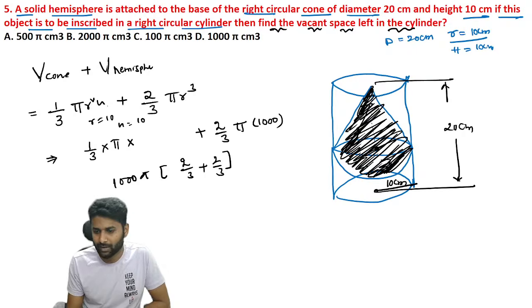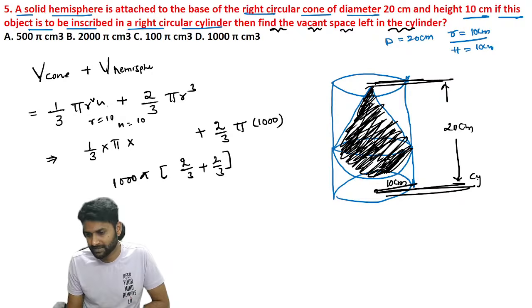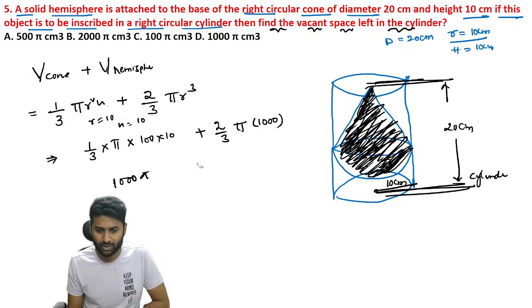Why? Because we are talking about only the cone. The cone height is given as only 10. I was talking about the cylinder, which is 20. So again it is 100 into 10, so the entire value is equal to 1000.